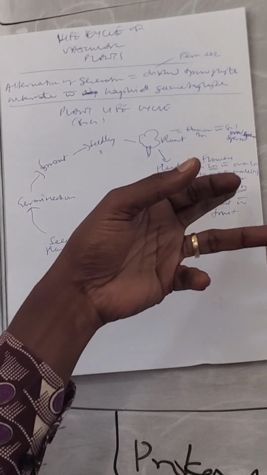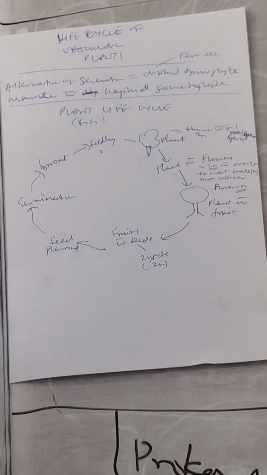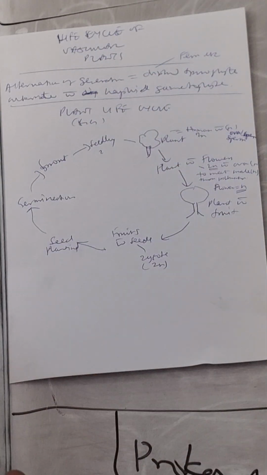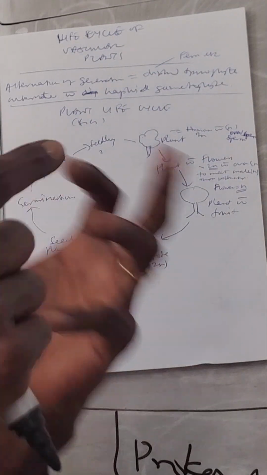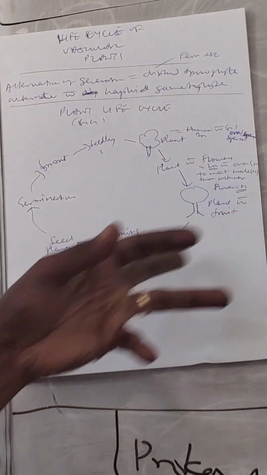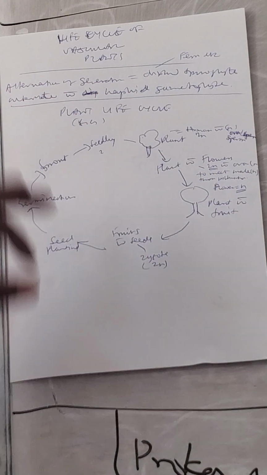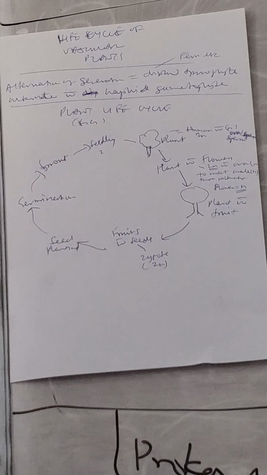That means they have half of their parents' chromosomes, half of their parents' genetic material, half of their parents' genes. Okay, then the process goes on. So that is a typical sexual cycle for plant life.